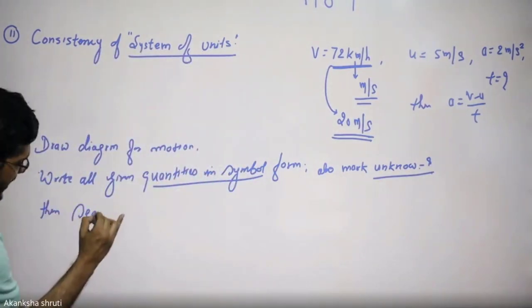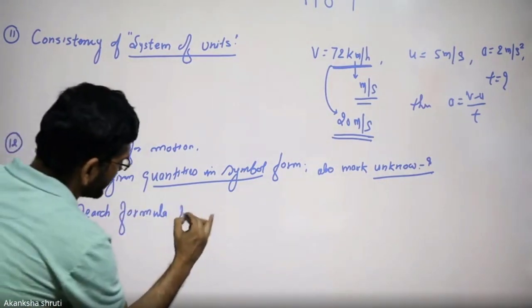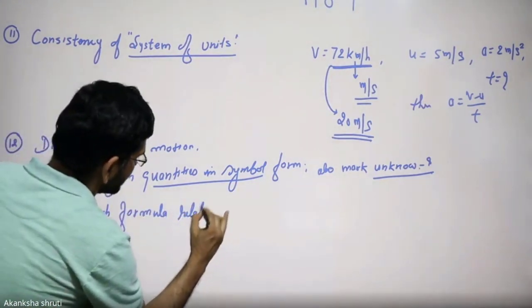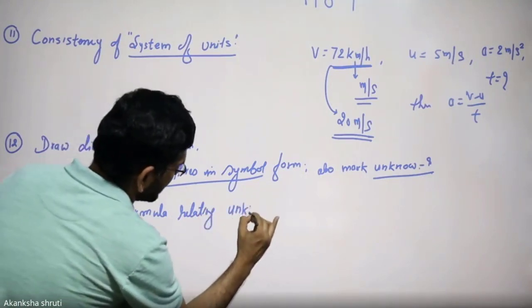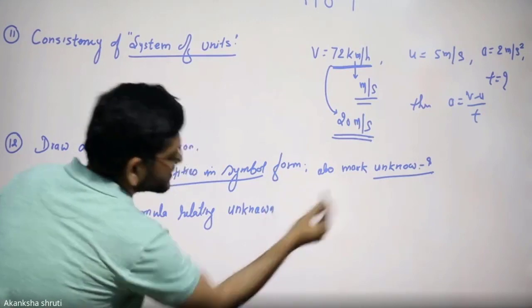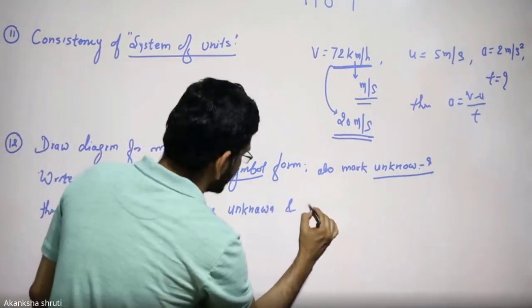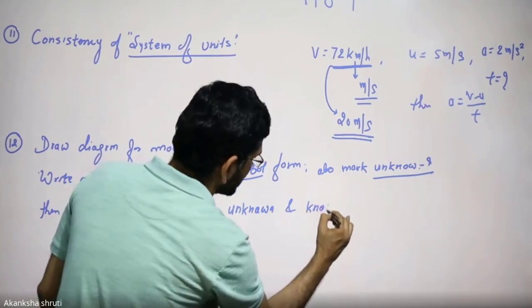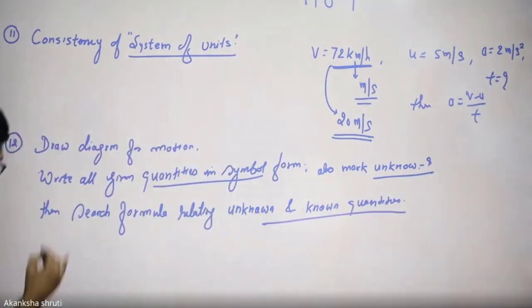Then search a formula relating the unknown with the known quantities. The unknown, whatever symbol we have denoted, and the known quantities. So this is the final step, and calculate the unknown.